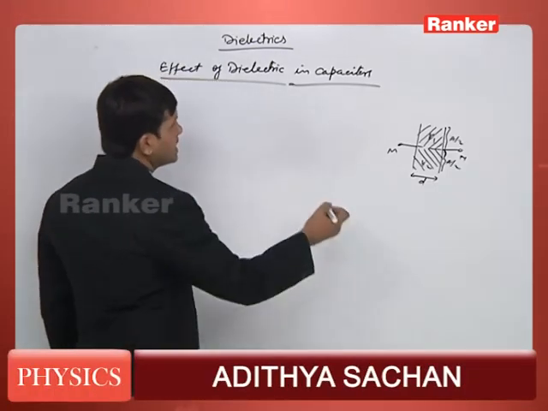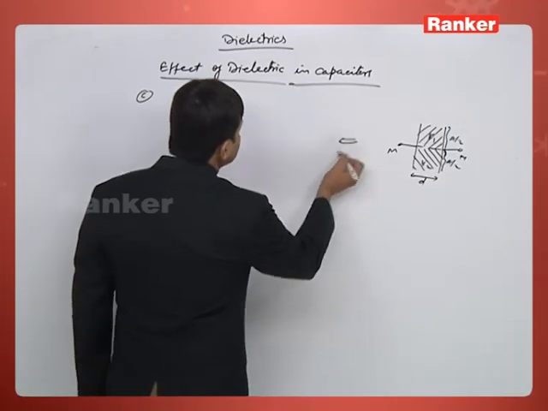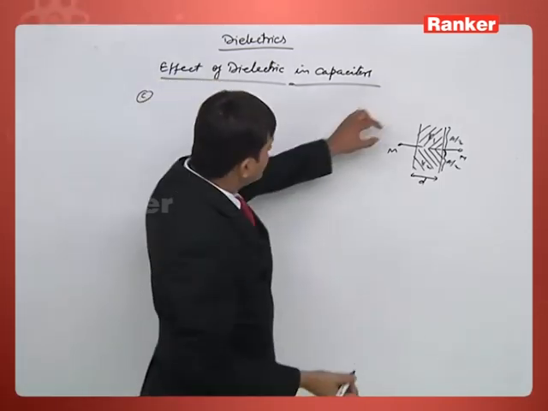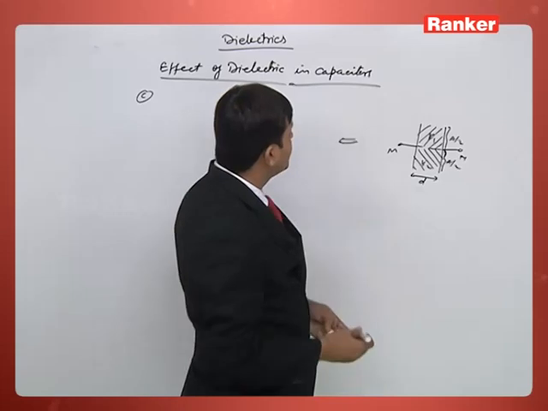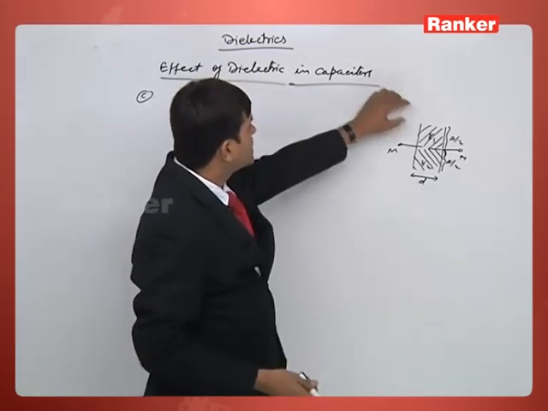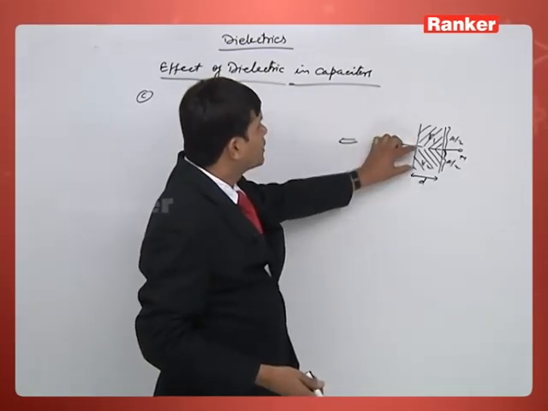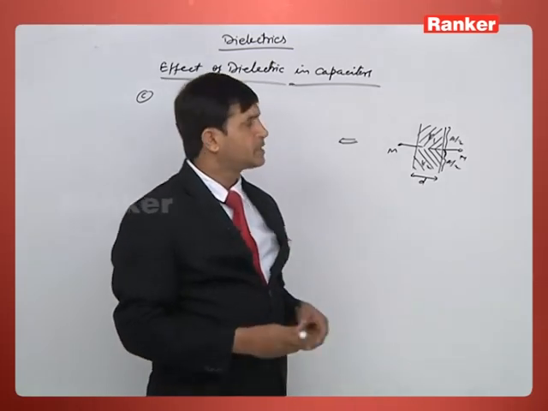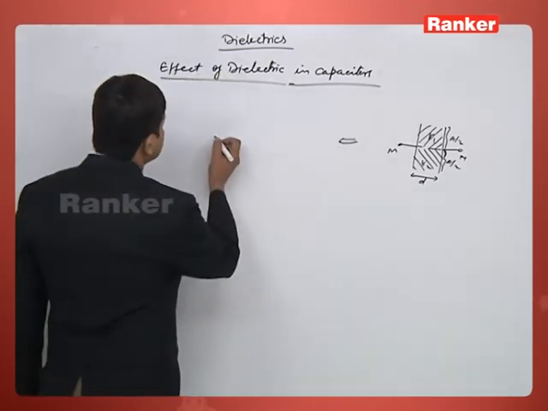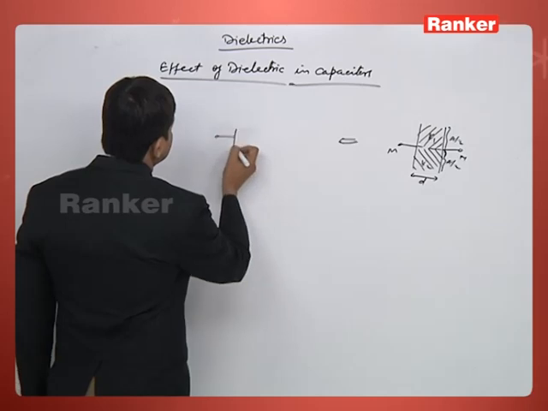So if we look at this, the upper part acts as one capacitor and the lower part acts as another capacitor, and these two are in parallel like this.